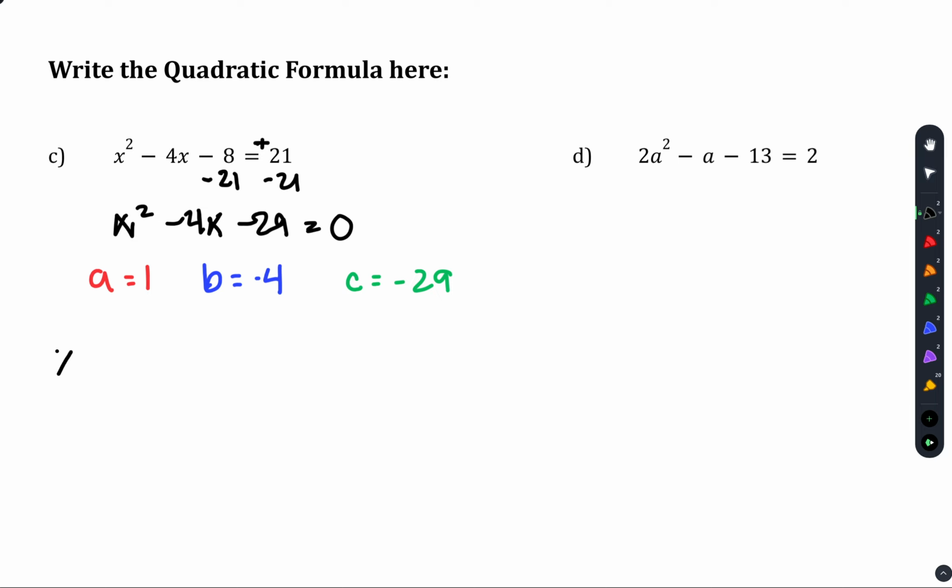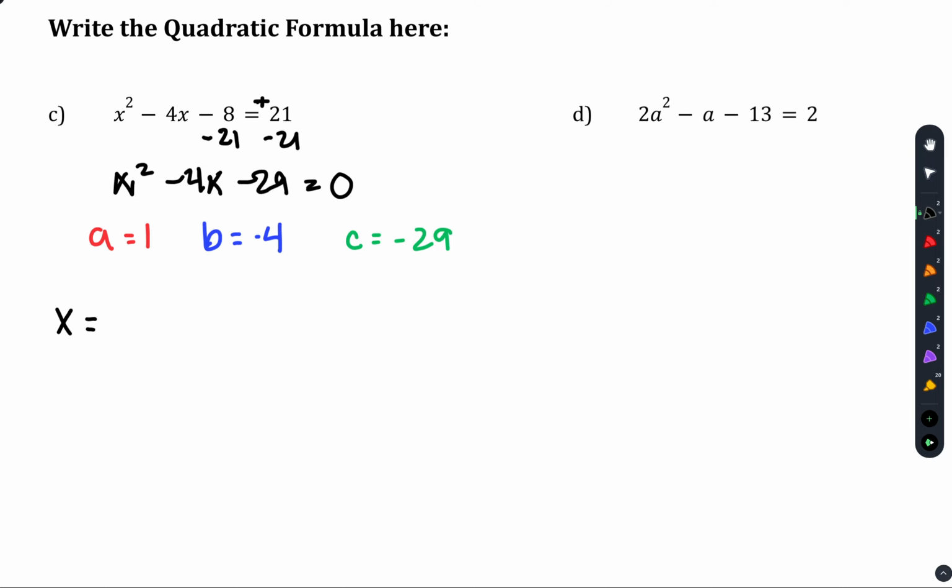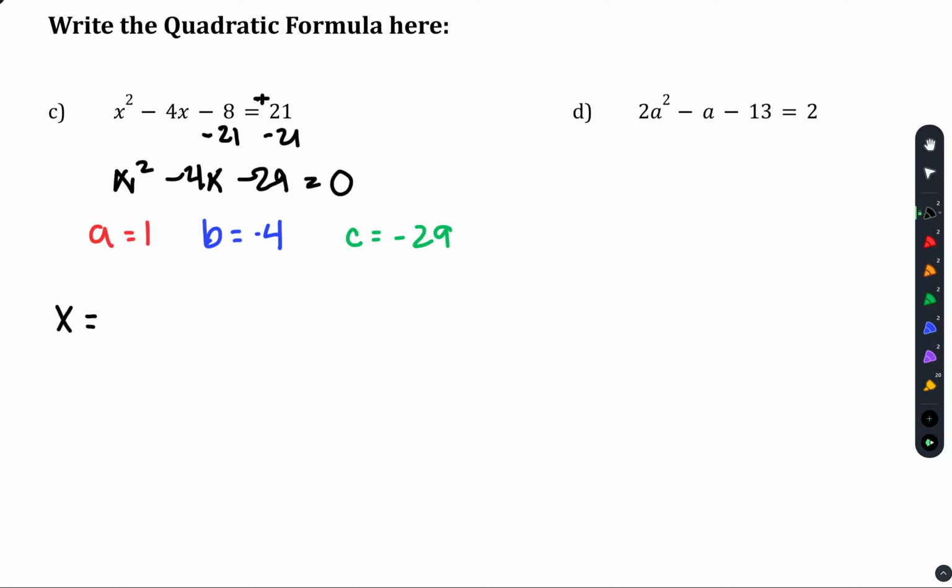And then my equation. X equals, help me out. I'm doing the plugging in step. So what starts it? Negative, negative 4. Then what? I'm missing something first. Plus or minus. Square root. Negative 4 what? Squared. Okay, somebody other than James.